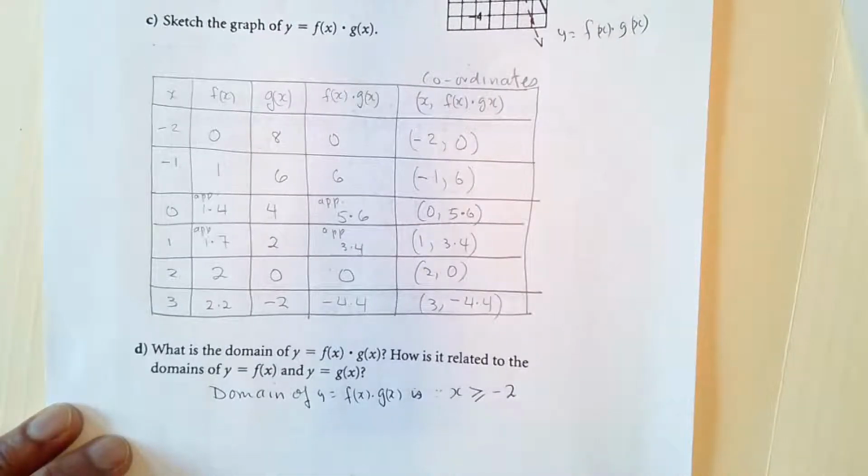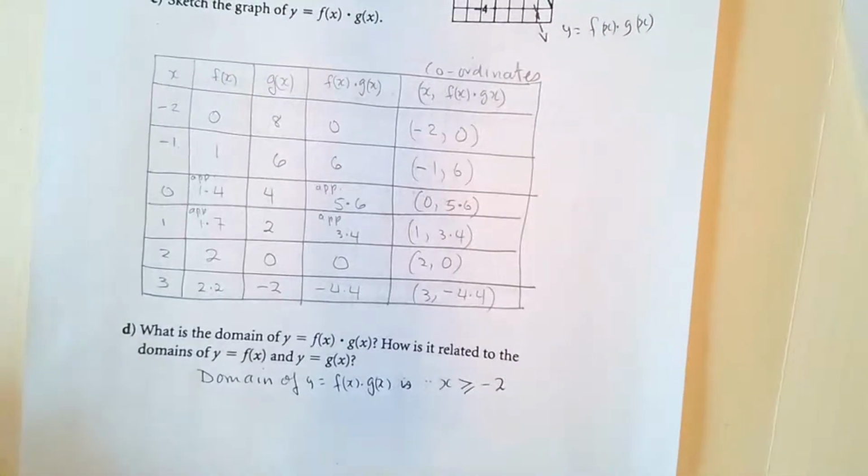Now the other part of the question, how is it related to the domains of y equals f of x and y equals g of x? Well, the graph of y equals f of x times g of x does not extend to the left of x equals -2.